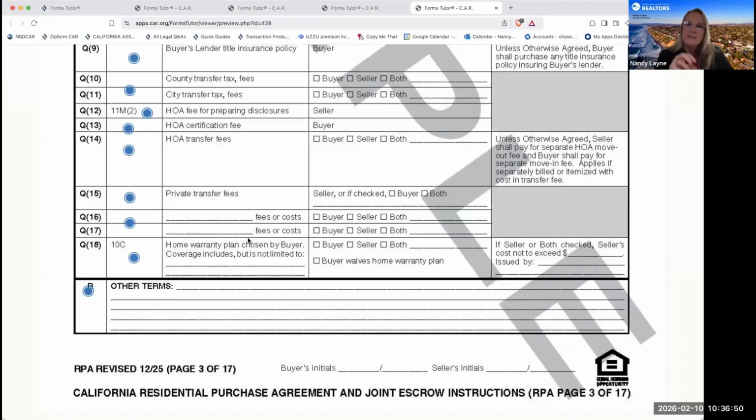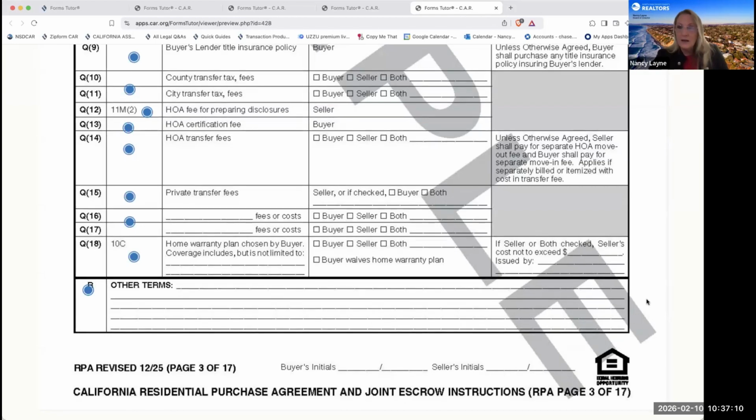So there are fees that are sometimes in addition to standard fees that, again, you need to know your community, know your neighborhood, and understand what those fees and costs are. And that's where you would put that. If you have somebody who's interested in an area like that, you would want to clarify who is going to be responsible to pay that. It can get into some serious chunks.